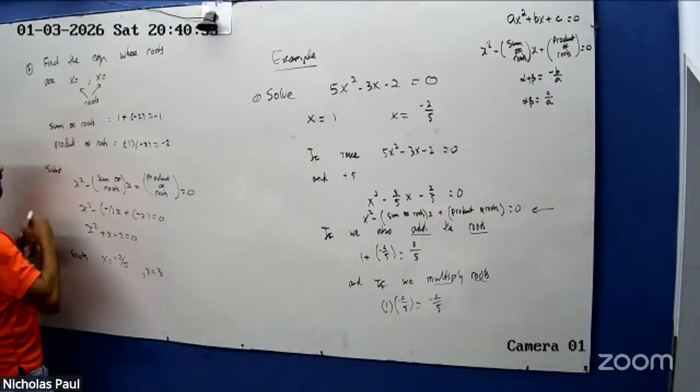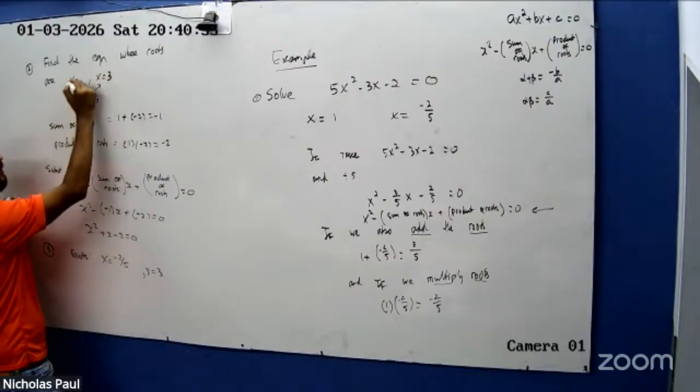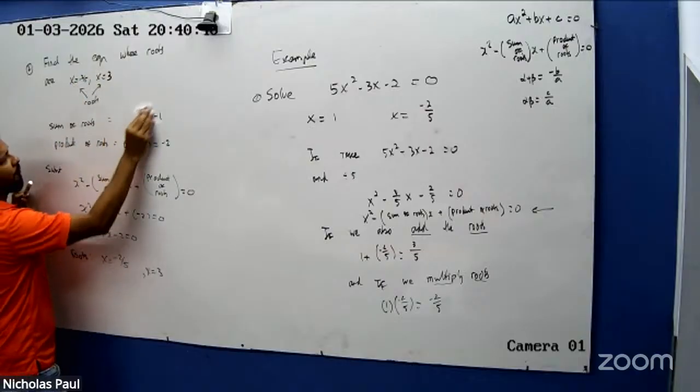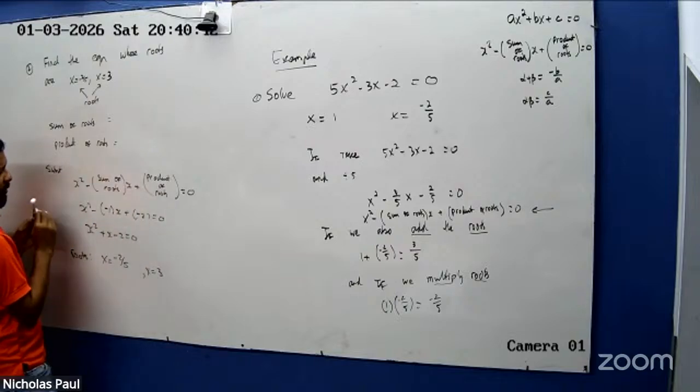This is 3. This is minus 2/5. We're going to find the sum of the roots, the product of the roots, and then put it in here.